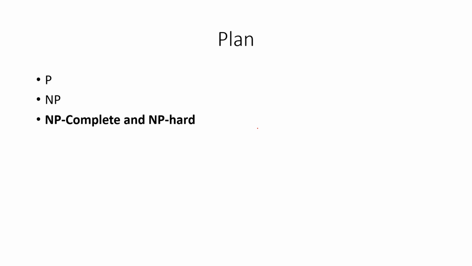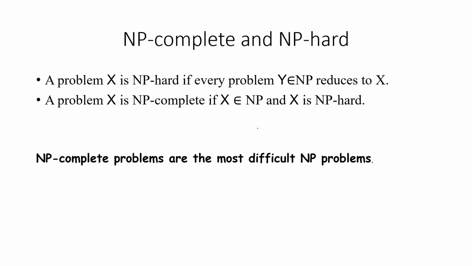And next is the main part of our lecture, NP-complete and NP-hard. So what is NP-hard and what is NP-complete? Let's say they are two categories of problems. How do we define that some category is NP-hard, which category is NP-complete?